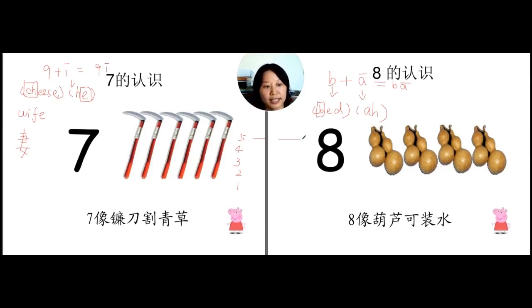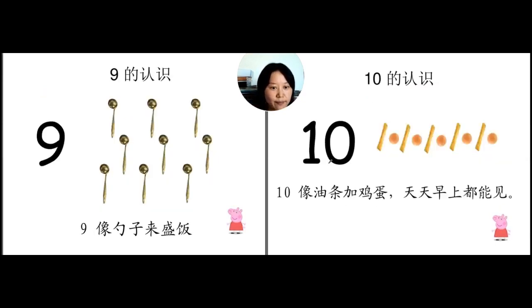But the first is 1 2 3 4 5 6 7, and the 8 is 8. The next one is 九 jiu.